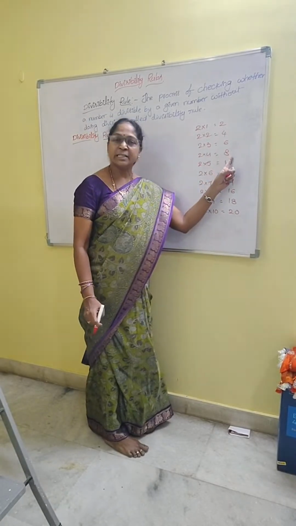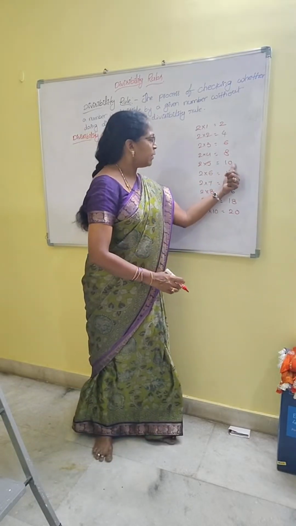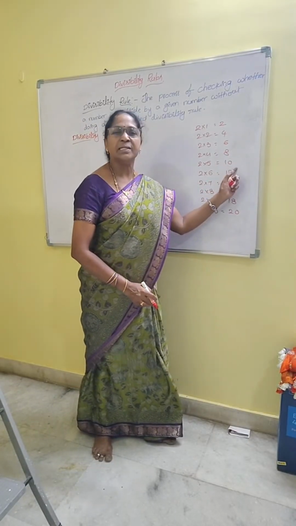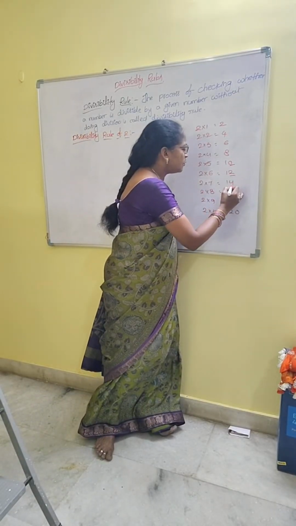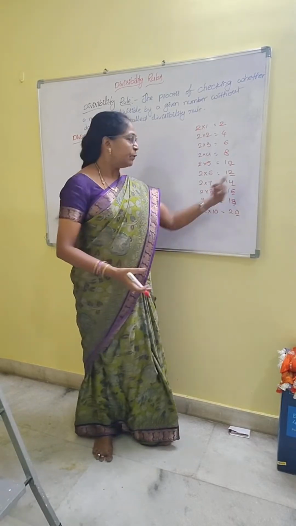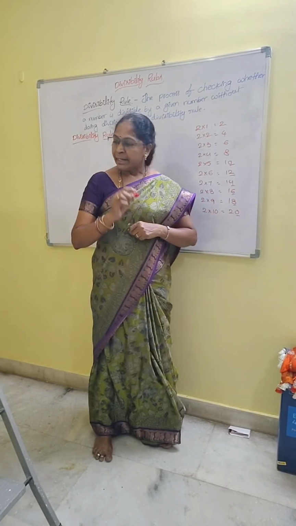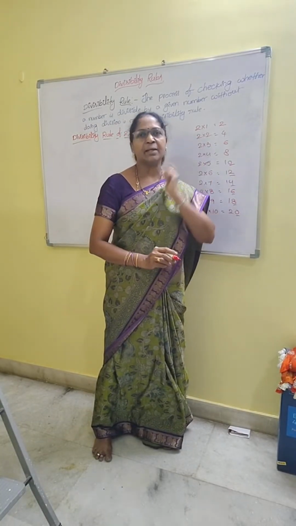In a two-digit number, again 0, 2, 4, 6, 8, 0 are the unit digit places. We have to consider only the unit digit place of the number.